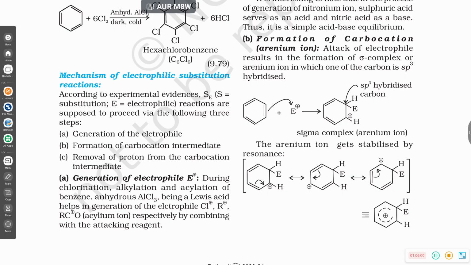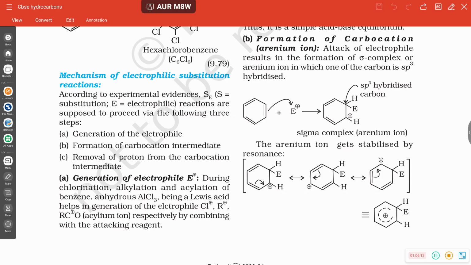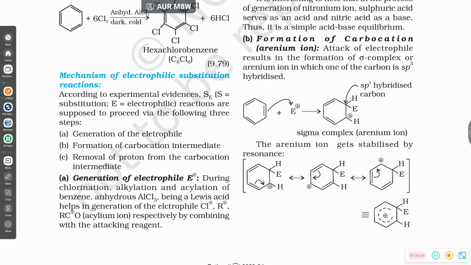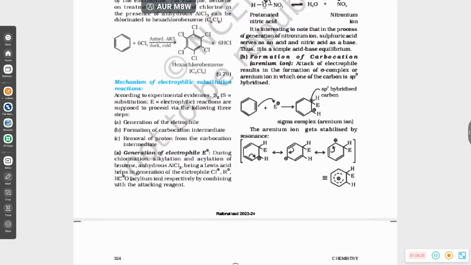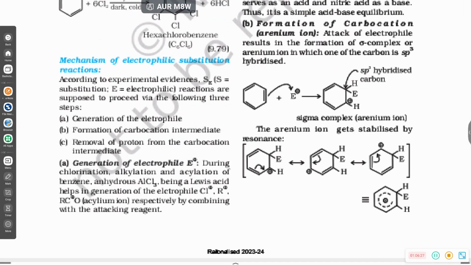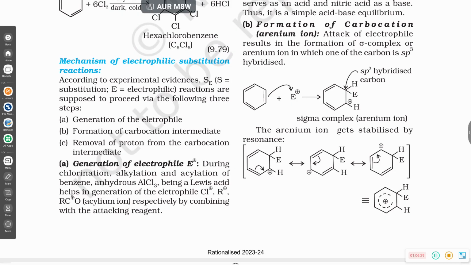This is just the mechanism of how it exists. Now the electrophile attacks. Everywhere hydrogen is there; for understanding, they are showing hydrogen here. When the electrophile attacks, the double bond shifts, so negative charge comes and E plus will attack there. Negative charge here means positive charge there. Like this it will arrange.